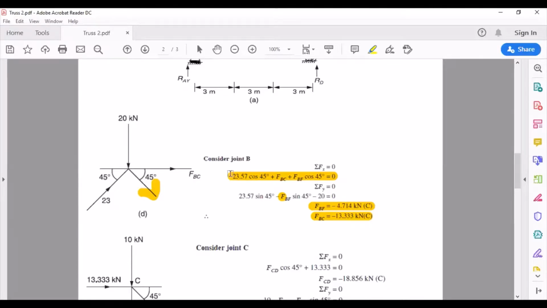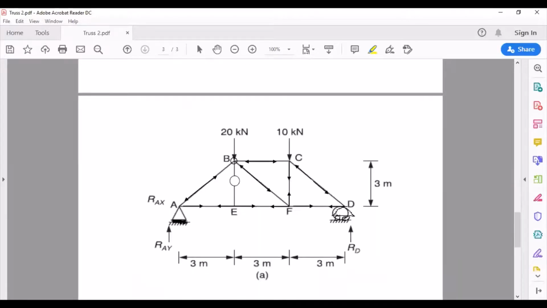Okay, so let us see in the final diagram. You can see that, yes, here it is moving towards. Thereby from B to C, since it is towards B, here also it will be towards C. And since it is towards B in the member BF, it will be towards F here as well.